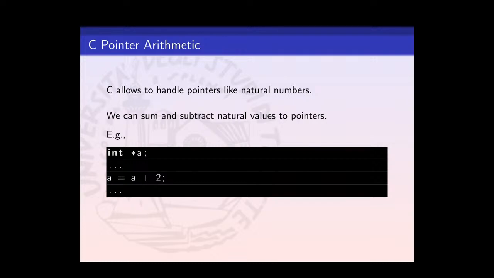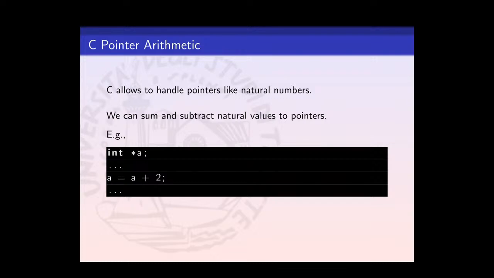What do I mean by arithmetic operation? I mean the thing you can see on the slide. Once you have defined a pointer, so a variable which is able to store an address in memory, you can also add, for instance, a number to that address.